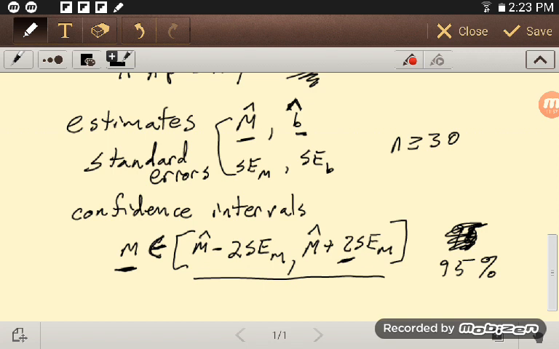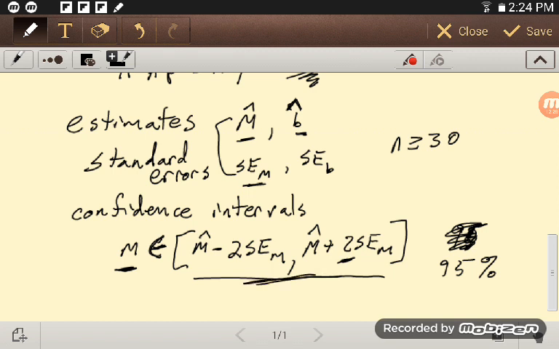And so we can get these confidence intervals. If we get the m and its standard error, we can get these confidence intervals on, well, what do we think the real slope probably is? And a lot of what matters here is whether or not, from a statistical standpoint, this interval contains 0.